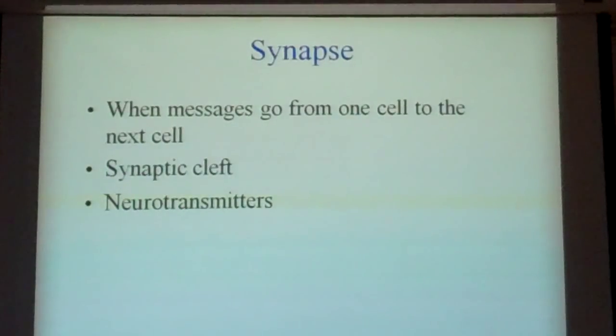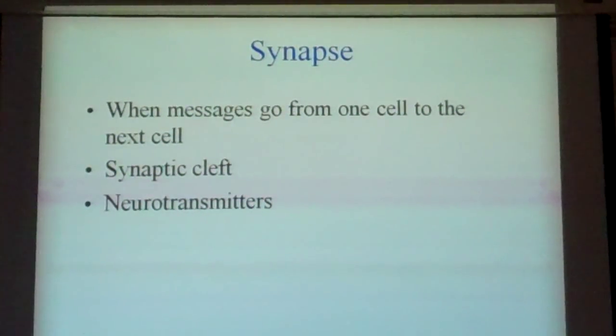The next slide is going to show you how quickly a synapse happens. A message gets sent and it gets picked up and moved along. A synaptic cleft is the space between where one neuron ends and the next one starts.